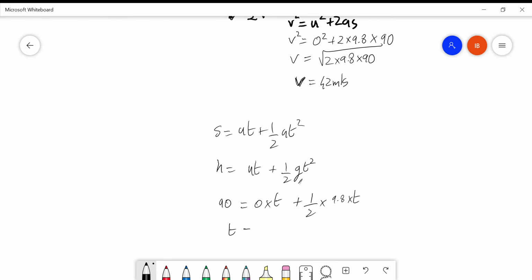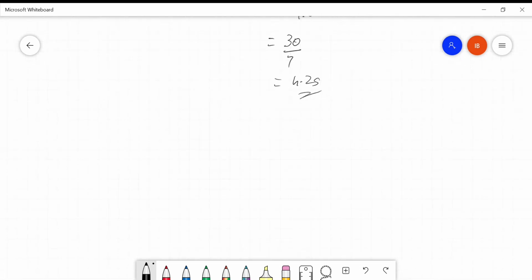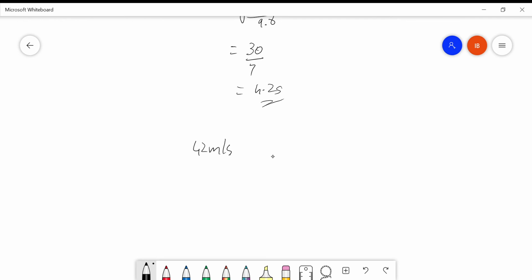If you solve, we can write t is equal to root of 2 into 90 divided by 9.8. So that becomes 4.2 second. That's the time. Now we got that the velocity is 42 meter per second and we got time as 4.2 second.